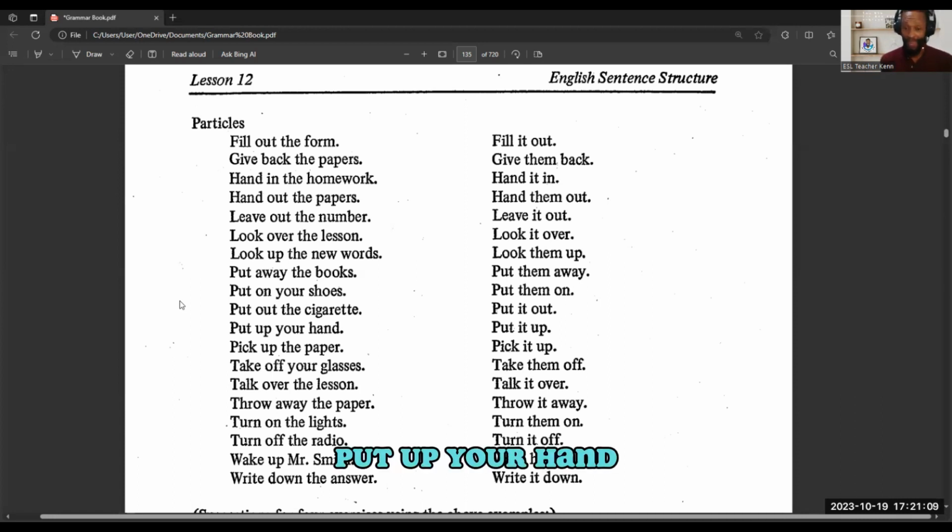Put up your hand. Put up your hand. Put it up. Again, put it up. Pick up the paper. Pick up the paper.